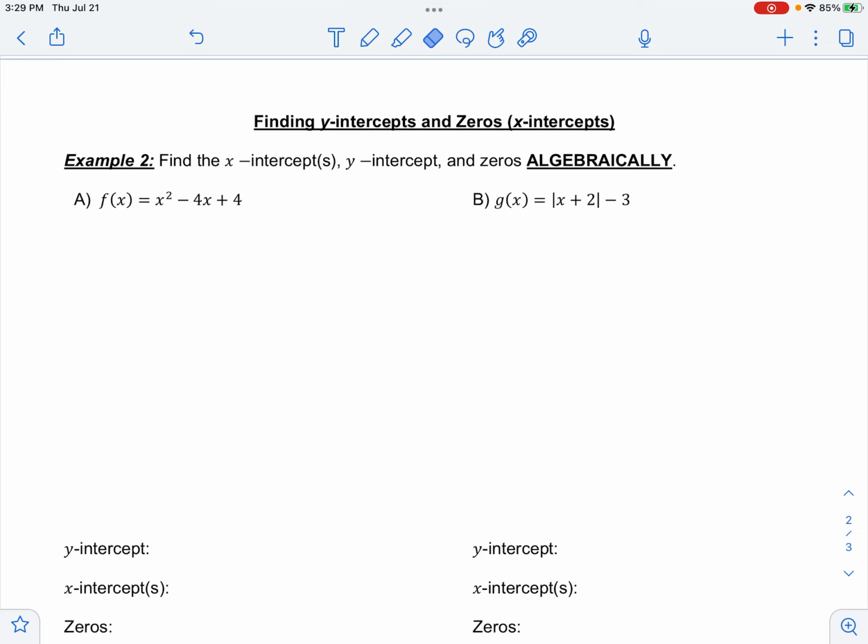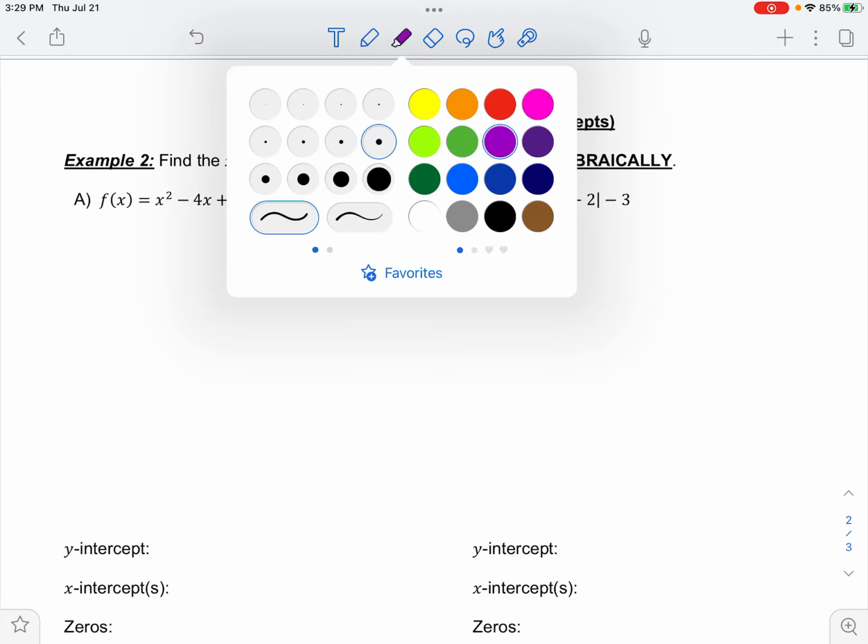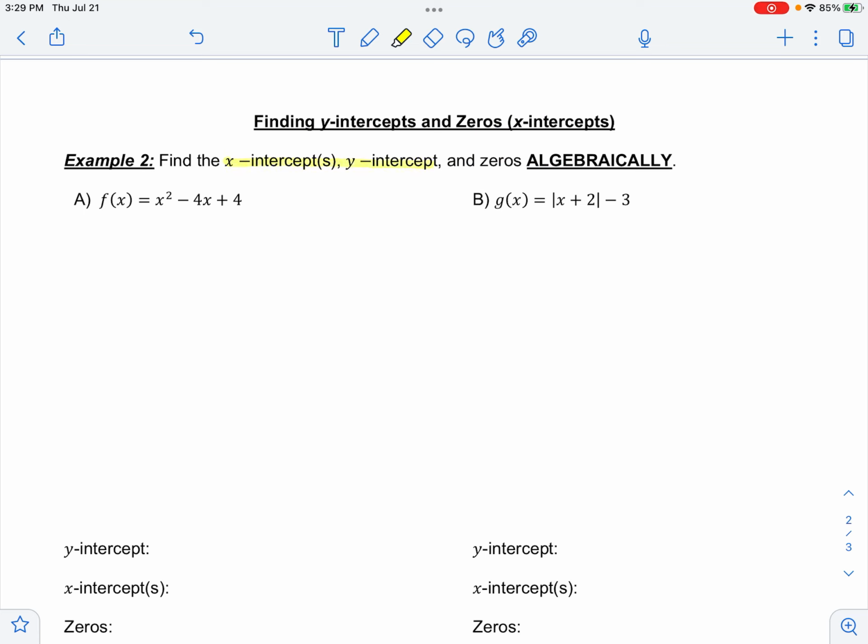Every function that you're going to see for the rest of the notes is completely different, just to make sure we can brush up on all the algebra. First thing I want to remind you of is that x-intercepts and y-intercepts are points, ordered pairs.